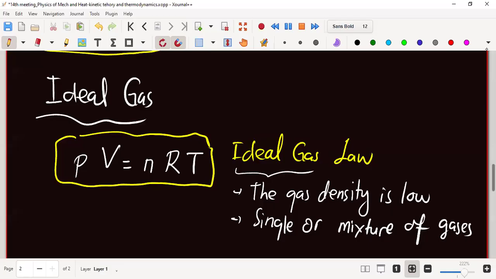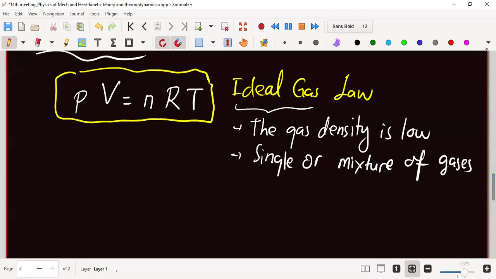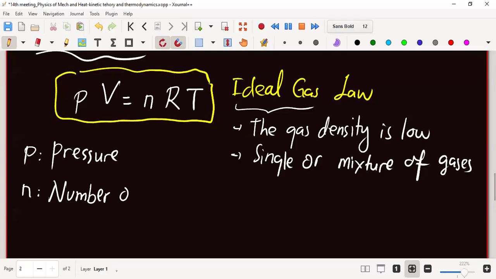And here in the equation, P is the pressure. Usually we use Pascal. And then n is the number of moles of gas present.